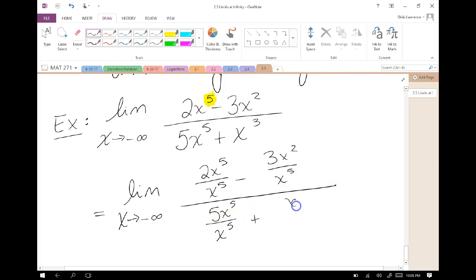All I'm doing right now is taking all 4 of those terms and dividing them by x to the 5th, because we decided x to the 5th is our variable with the biggest degree.